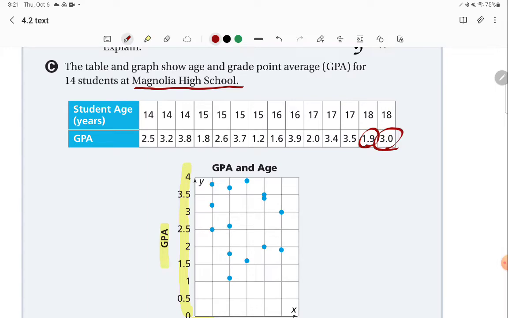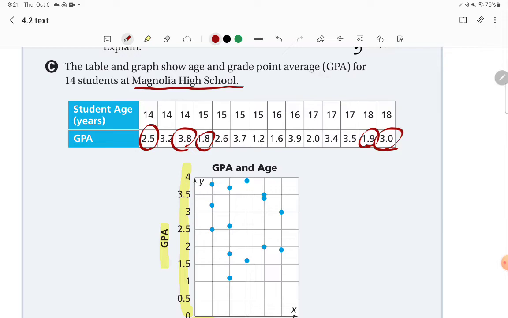That's kind of all over the place, right? So here you have an 18-year-old with a 1.9, 3.0, and you have a 14-year-old that's higher than both of those, and then you also have a 14-year-old that's lower, and a 15-year-old that's lower than all of them. So there's really no correlation here, even looking at the table.